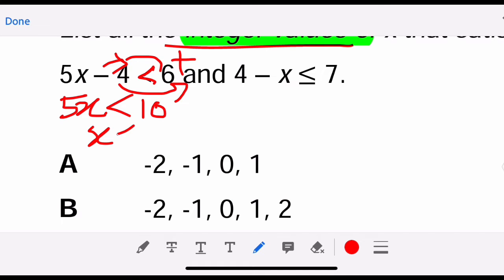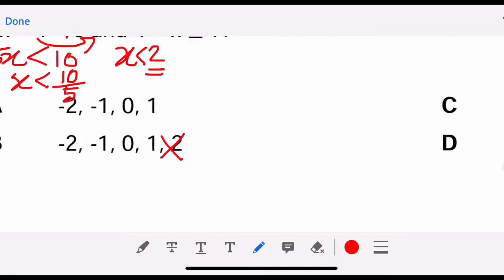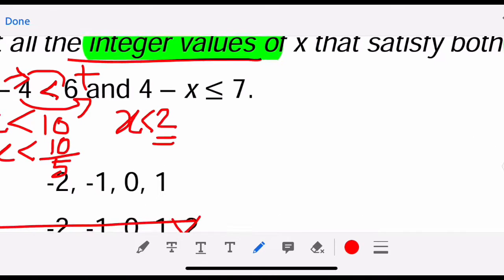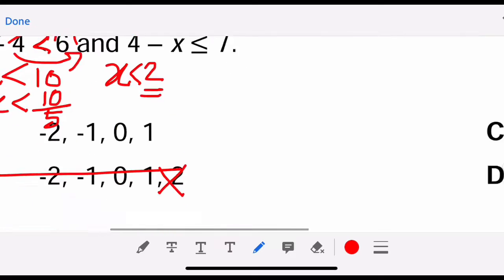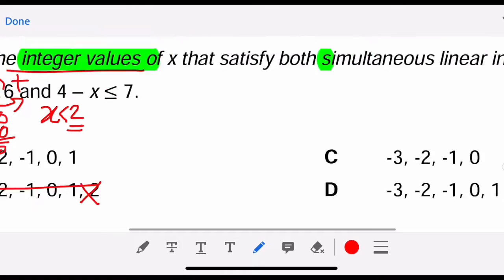So x less than 10 divided by 5. We should know 10 divided by 5 is 2, so x less than 2. Less than 2 means you cannot take in 2. So if you see the 2 there, you just cross it out, because there is no equal sign. It must be less than 2, cannot be equal to 2.